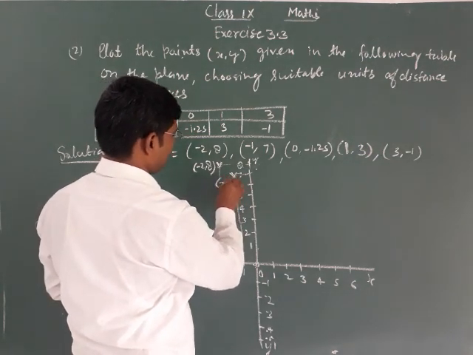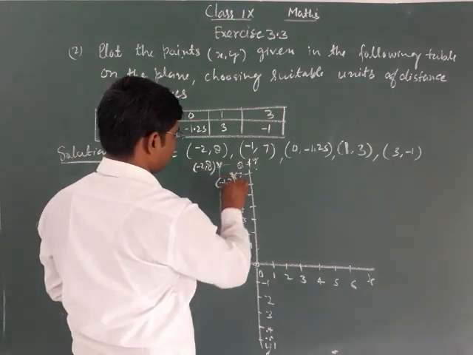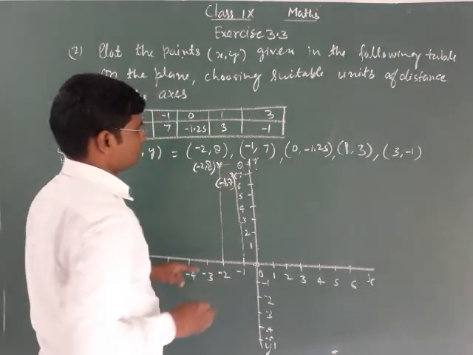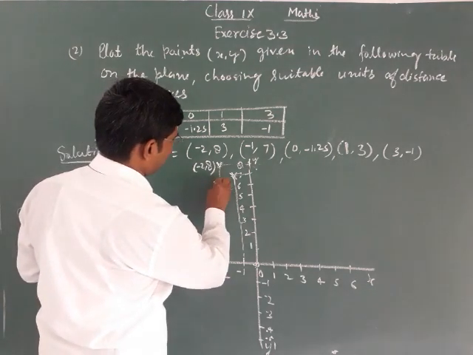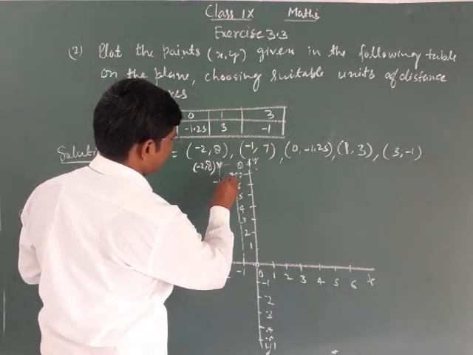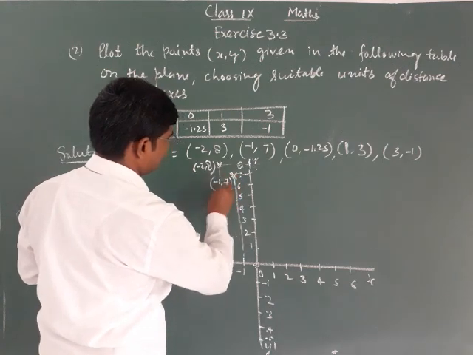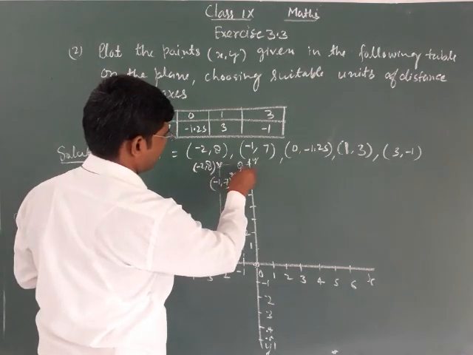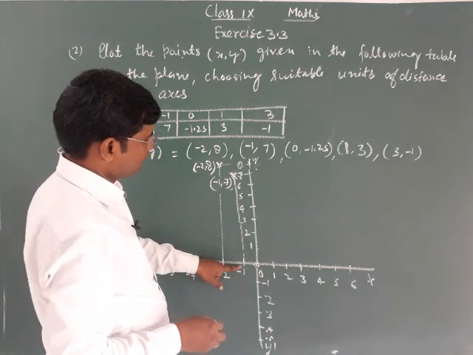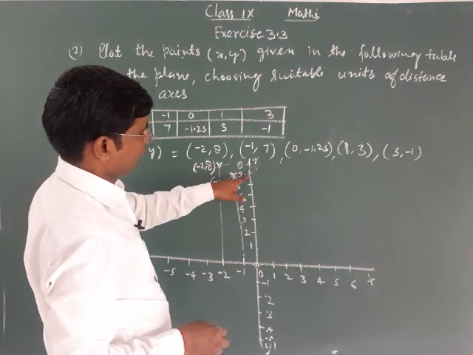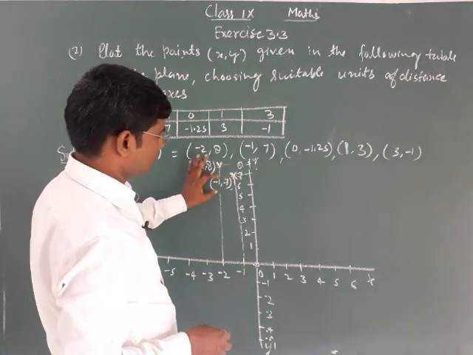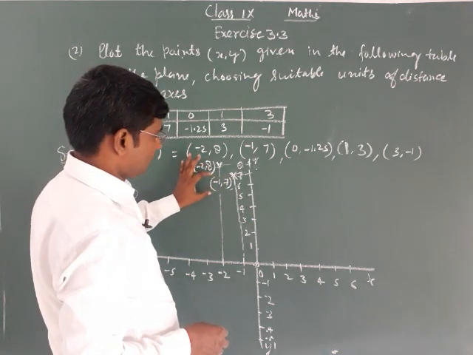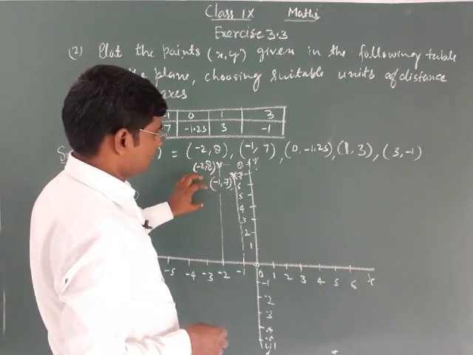So locate it: minus 1, above, up to 7. So (-1, 7) also lies on the second quadrant.